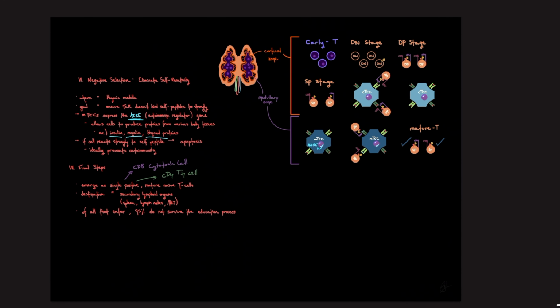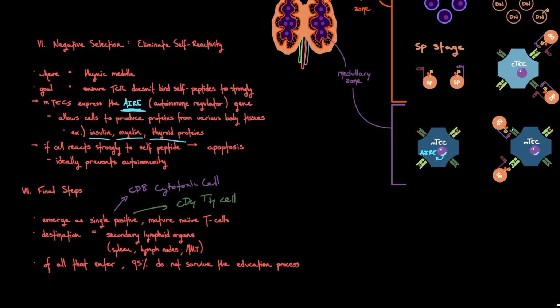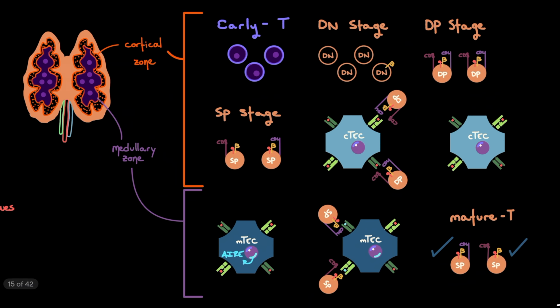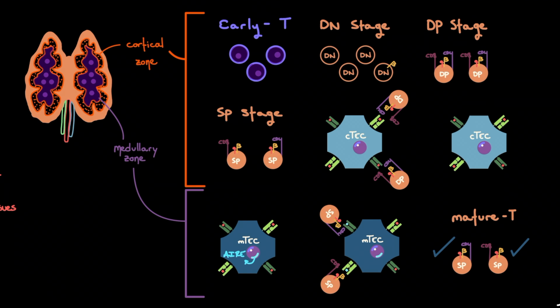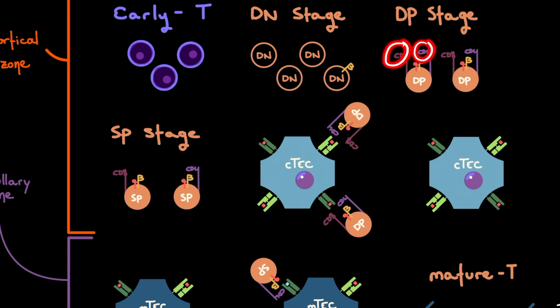Let me think here. Yeah, that's it for T cell education. Just to reiterate, though, I want to recap things. It arrives in the thymus as a double negative T cell. We start the T cell receptor with the beta chain. Then we express CD8 and CD4 along with our developing T cell receptor. Once that T cell receptor is done, we go to the cortical thymic epithelial cell, where it binds and says, hey, do you like MHC1 or MHC2?